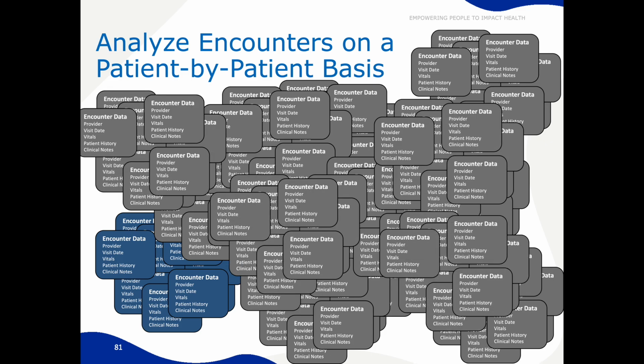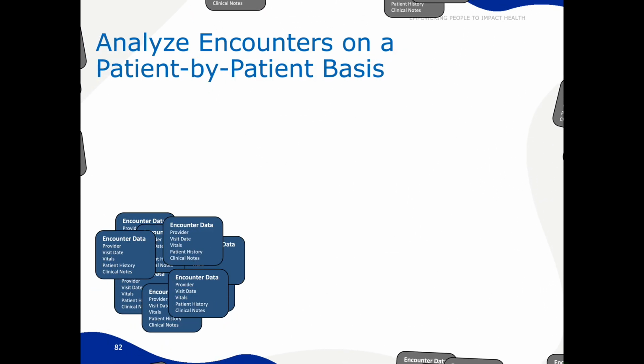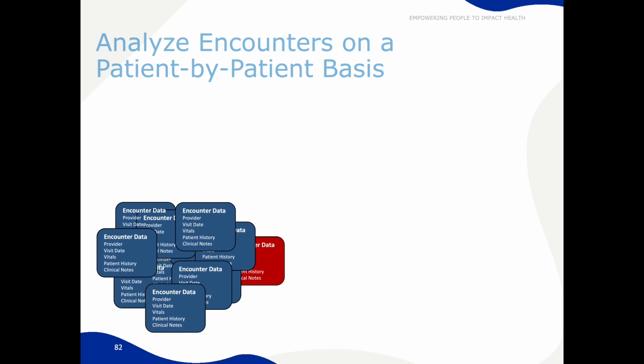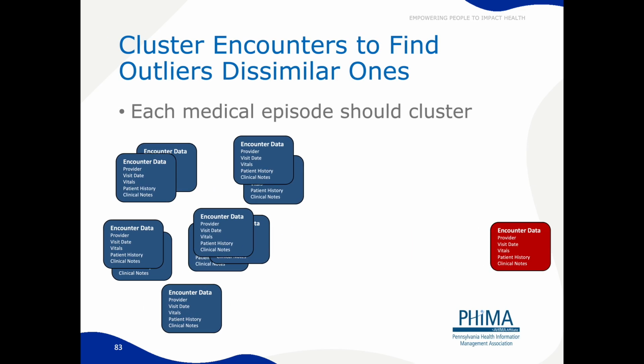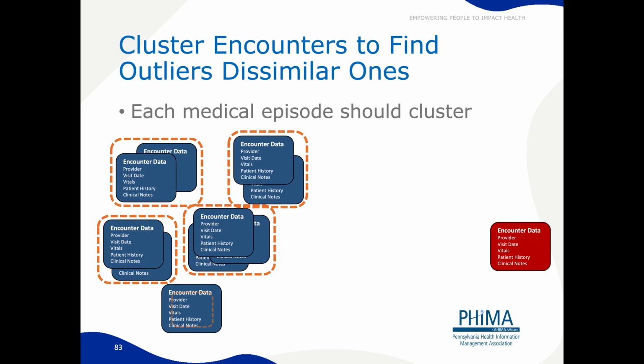We can do this in an automated fashion, so we can analyze millions or hundreds of millions of records looking for historical overlay clinical data. The encounters, when clustered, will group each healthcare episode together, because the clinical notes will be more similar when describing a broken arm, say, than different from diabetes or other ailments that may be in other episodes.